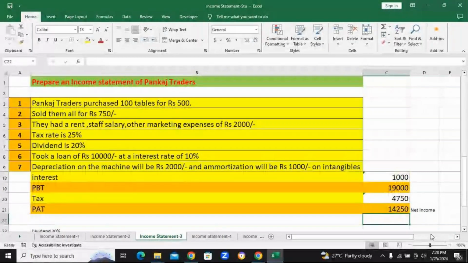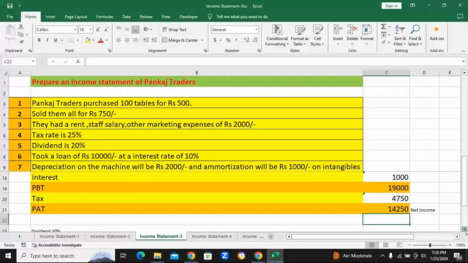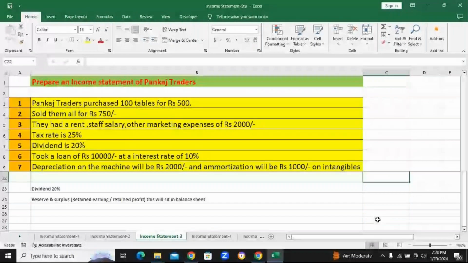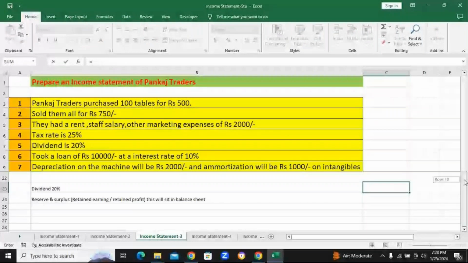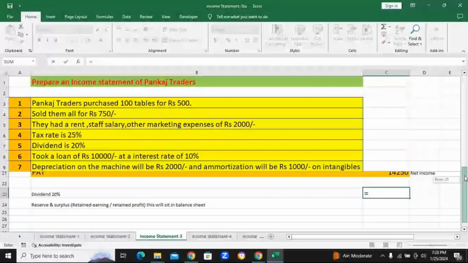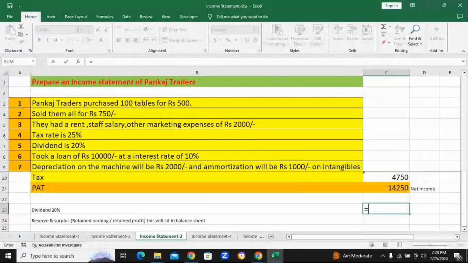Sorry, profit after tax is 14,250. Now I have to calculate the dividend. So equals 14,250 into 20% of dividend I am paying.